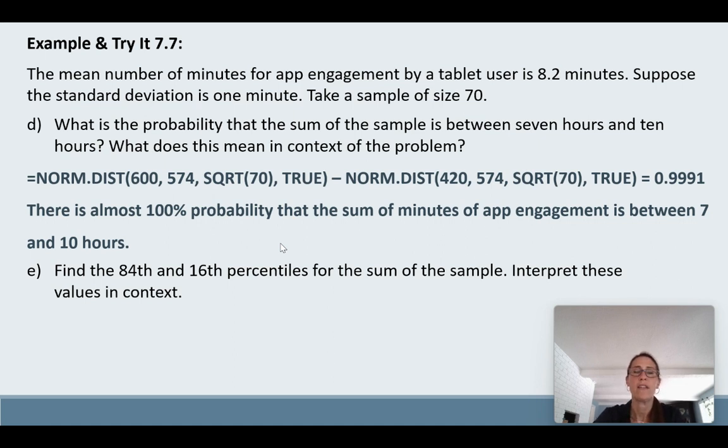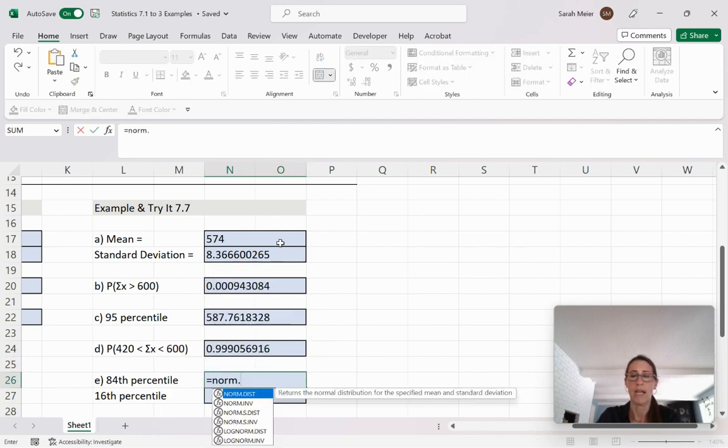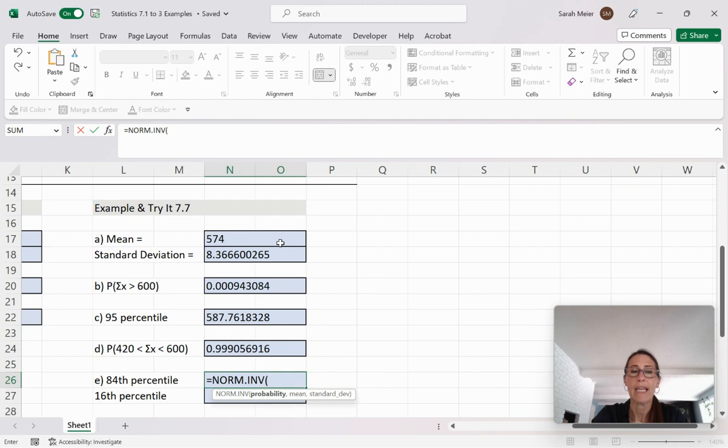Find the 84th and the 16th percentiles for the sum of the sample and interpret these values in context. So remember when we're doing percentiles, we just did this. It's the norm.inv. What's the probability that relates to the 84th percentile? So 0.84. Remember, we just moved that decimal place 2 to the left.